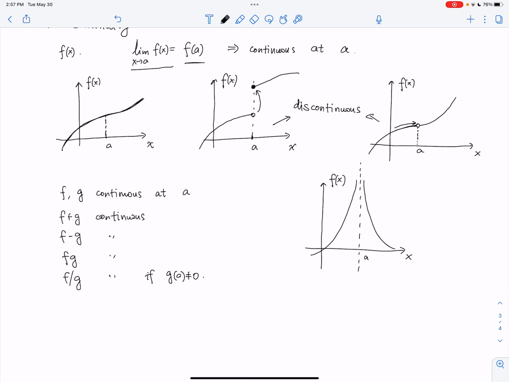So this is also discontinuous because you cannot really follow the curve. If you follow the curve going this way, you have to go all the way to infinity, and you cannot do that. So you cannot really follow the curve and go back down. So that's also not continuous.